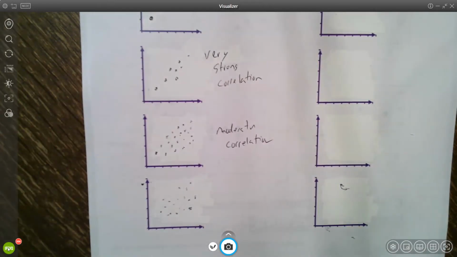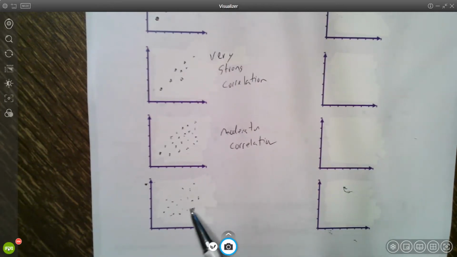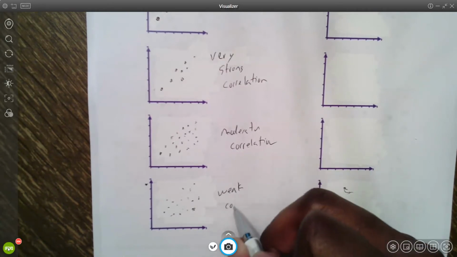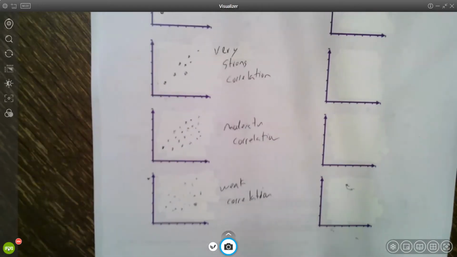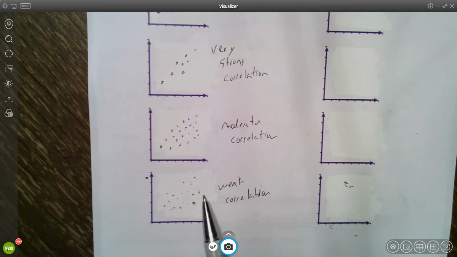All right, so it looks like it's going upwards as I go to the right, but the spread is wider. So we say this is a weak correlation. The wider the spread is, the weaker the correlation is. So again, as we go up, it looks like it goes up as well, but some don't. So we say that's a weak correlation.